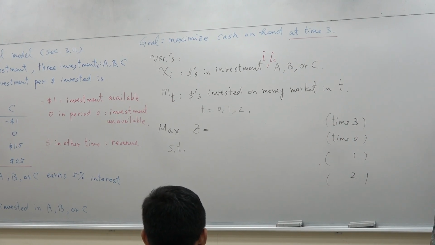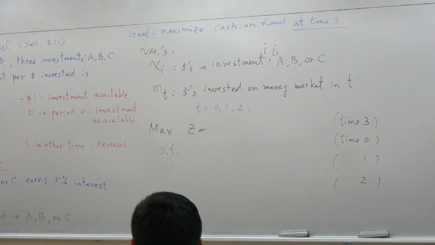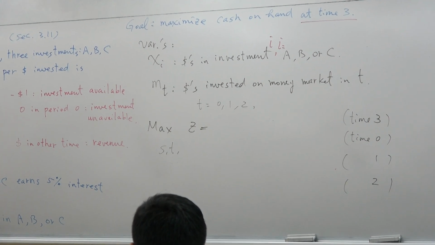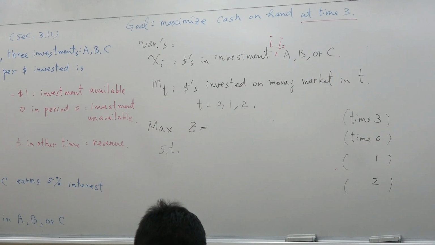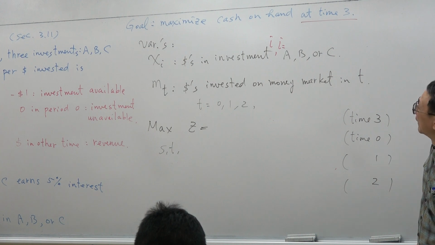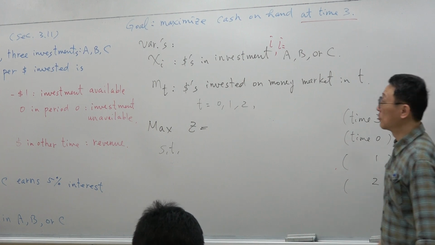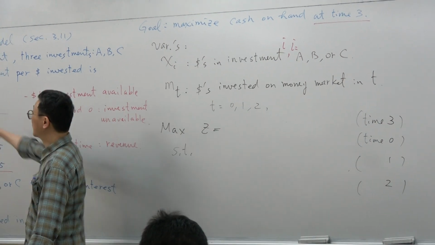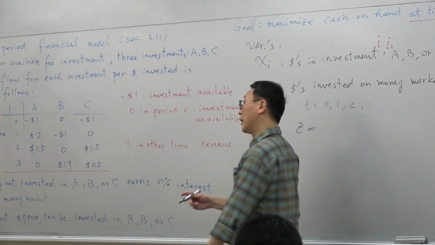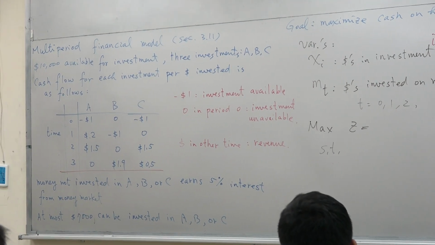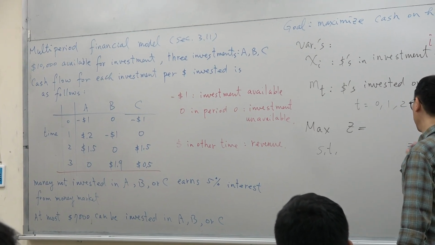So let's talk about time 0. At time 0 we have 10,000. We put it into two separate parts, with an equality.